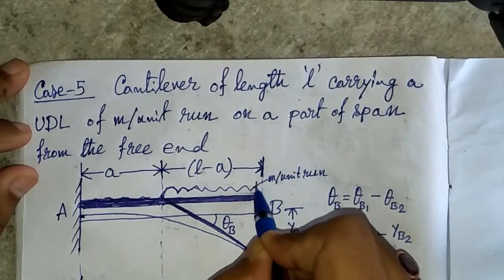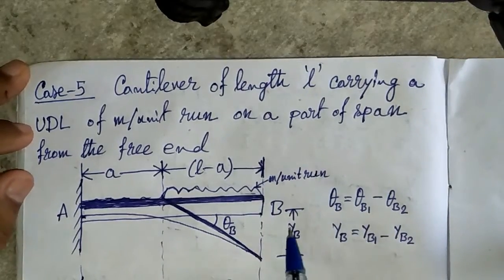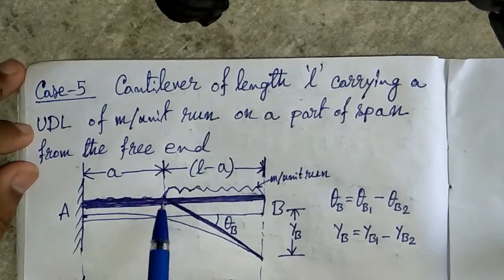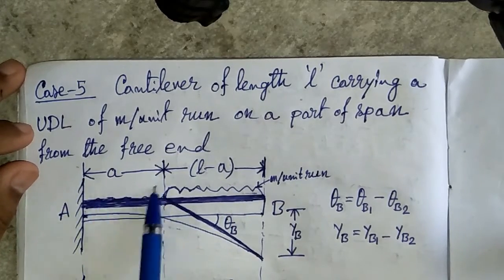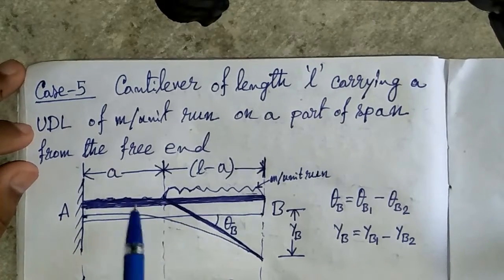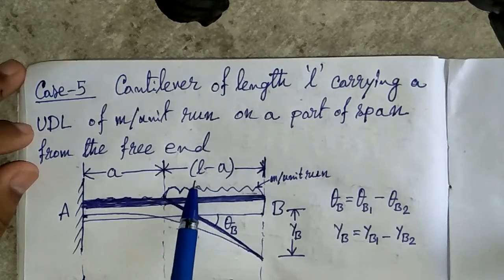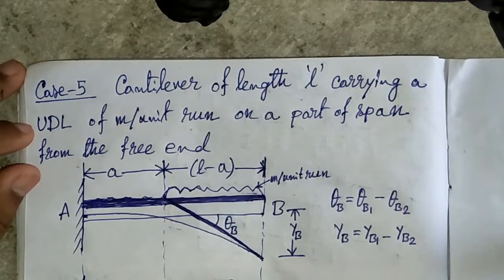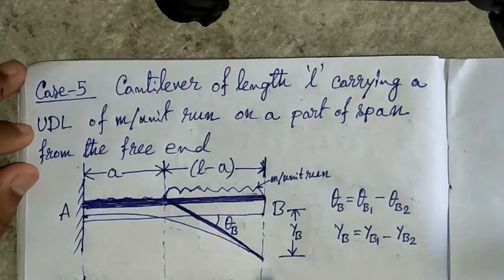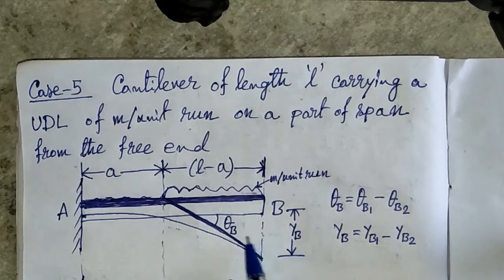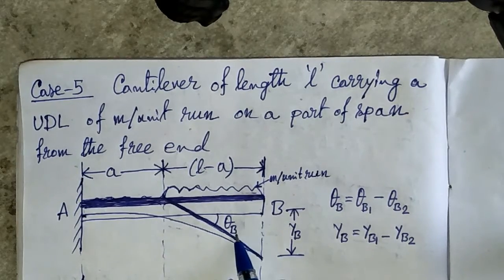The span of this UDL is L minus a, because this length is a and the total length is L. The deflection at point B is YB, and the slope at point B is theta B.